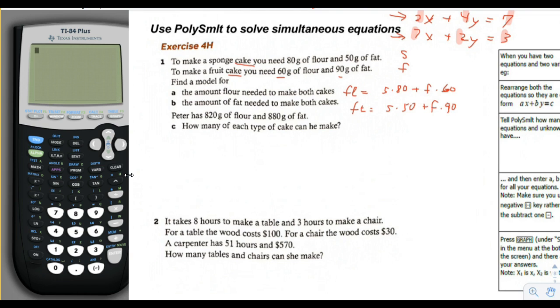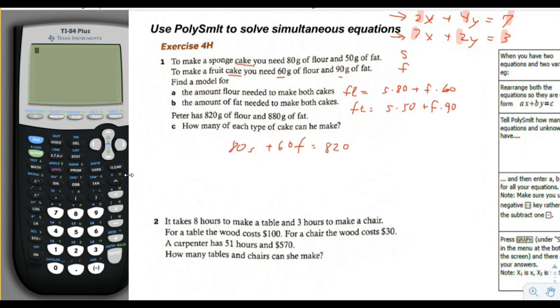Peter has 820 grams of flour and 880 grams of fat. How many of each type of cake can he make? We can write the first equation as 80s plus 60f, reversing the order of the multiplication to make it more like algebra equations normally are written. Instead of FL, we put the amount of flour, 820.